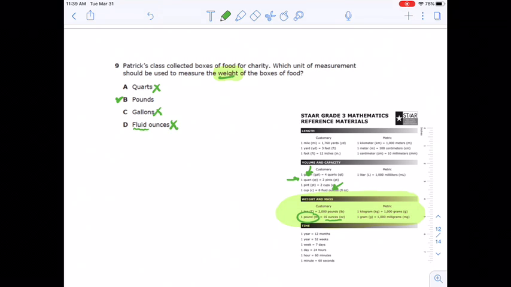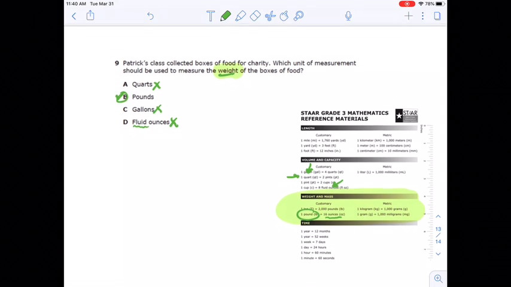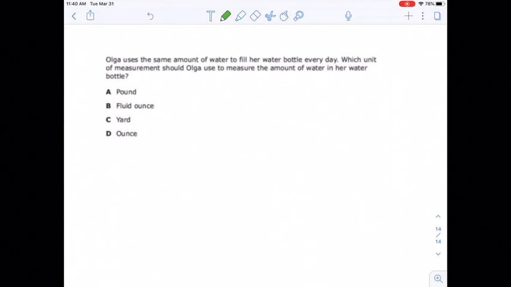In the volume and capacity section. So we won't use that one. And the only one that we would use that's in our weight and mass section is pounds. If Patrick is collecting boxes of food for charity, would it be appropriate to measure those boxes in pounds if I want to know their weight? Of course it would. That makes perfect sense.